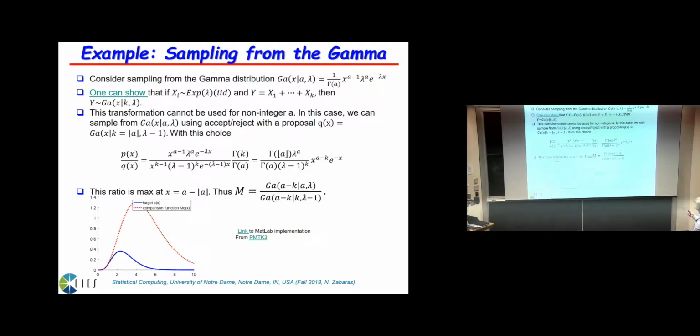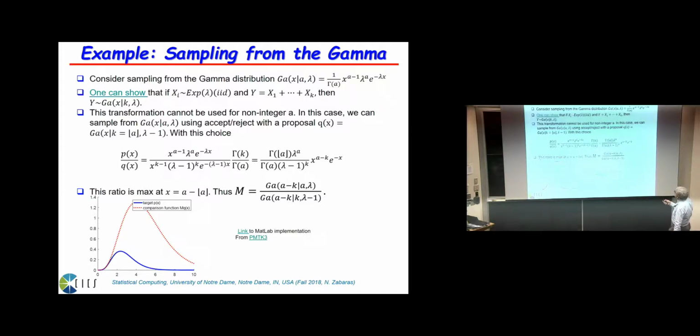For this gamma distribution, alpha can be any number. For the gamma distribution that I use here, this alpha, which I denote here as k, is an integer. And for an integer, we can use the transformations, the equations that we discussed on Friday.